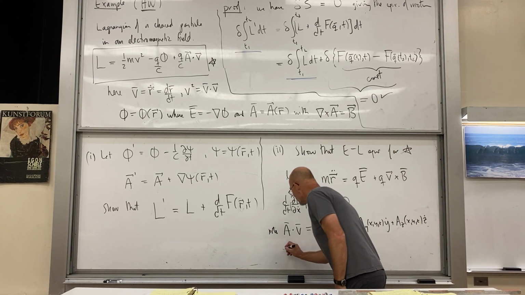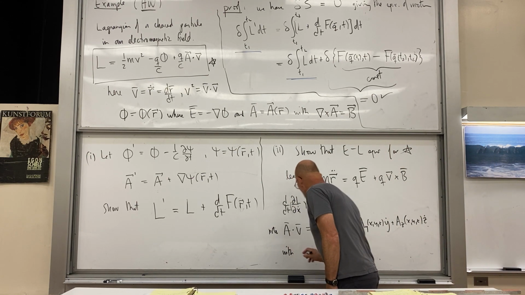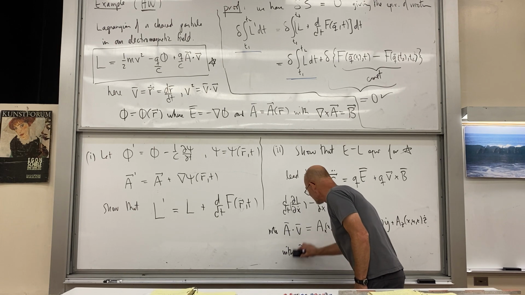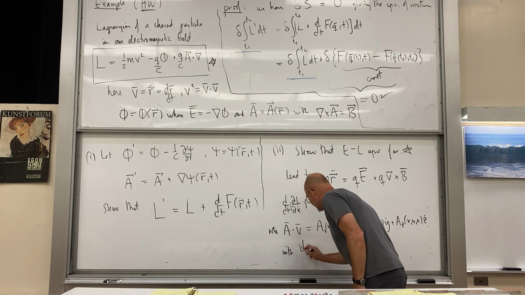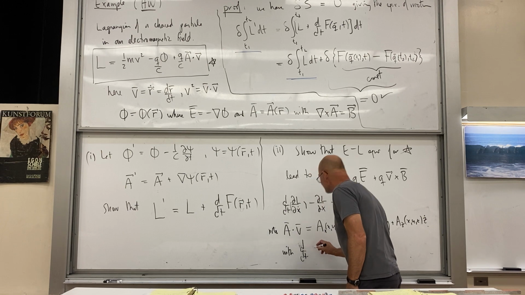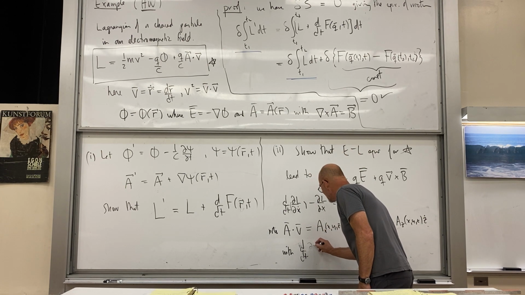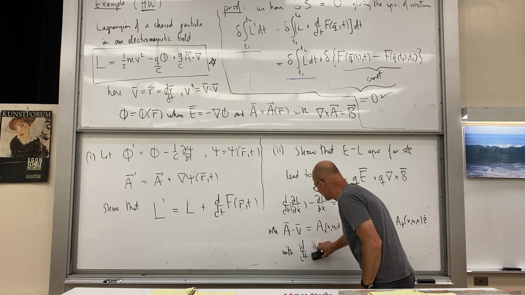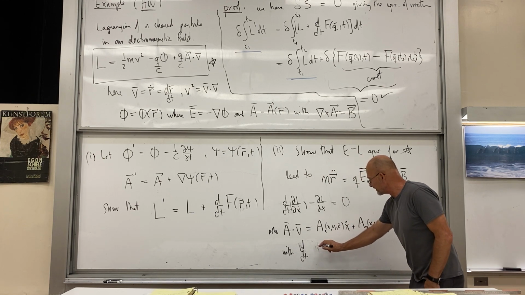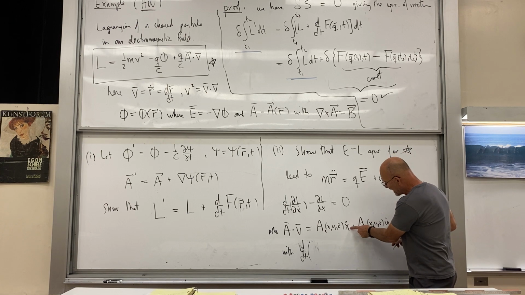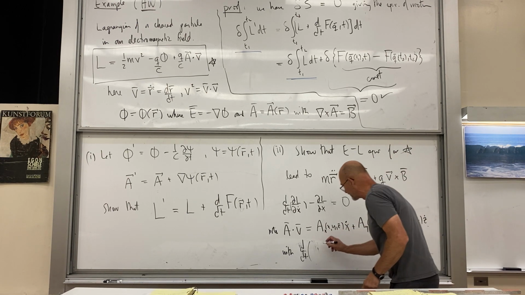I'll write that out so you see where we're at. D over dt. The derivative with respect to x dot just pulls out the A sub x.